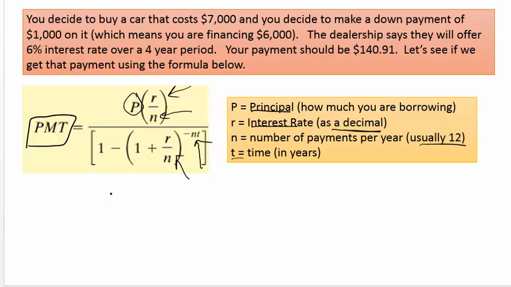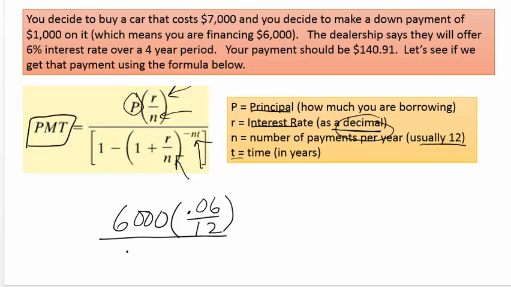So what we're going to have here to find out our payment: our principal is $6,000. Our interest rate is not 6, it's 0.06, because remember, the interest rate has to be a decimal, over 12. And that's our numerator, and that's all going to be over 1 minus (1 plus 0.06 over 12).